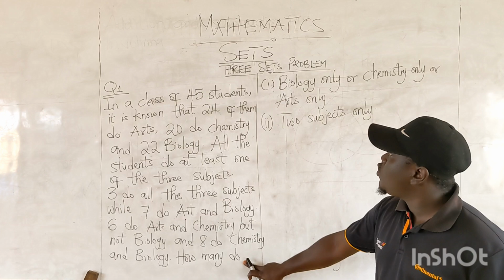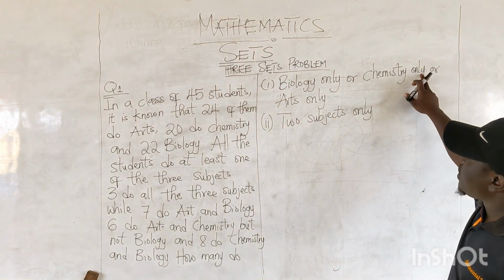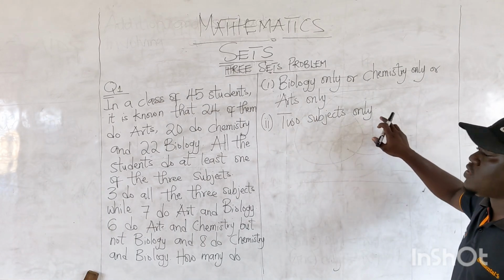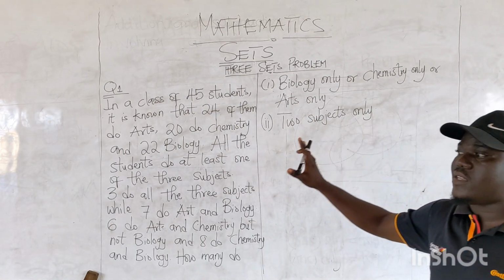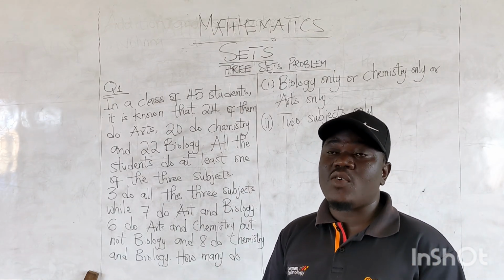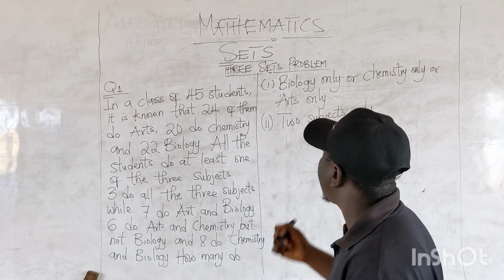How many students do biology only, chemistry only, or arts only? Or 2 subjects only. So this is a typical 3-set problem, and we are going to look at how we would arrive at the solution.